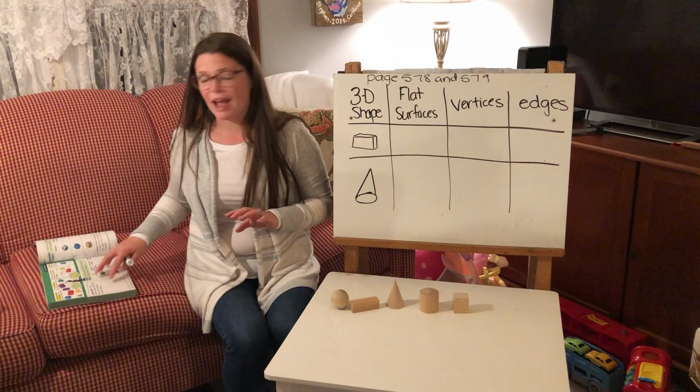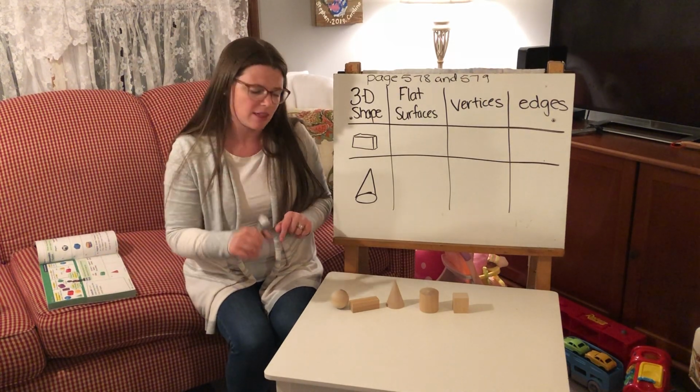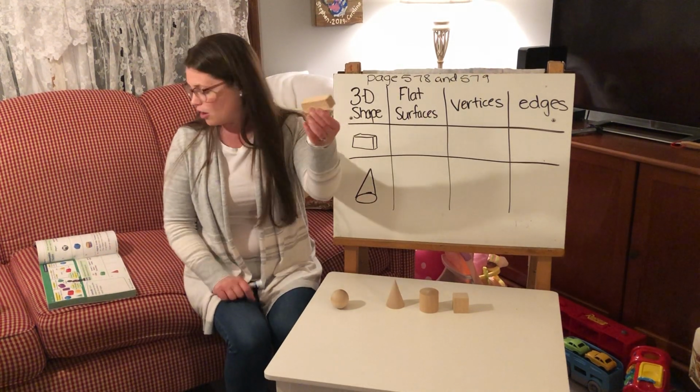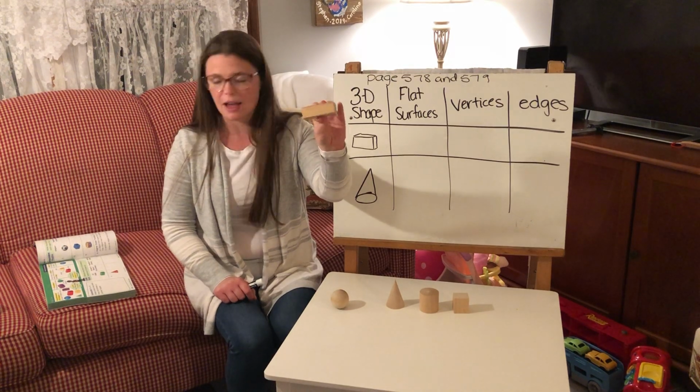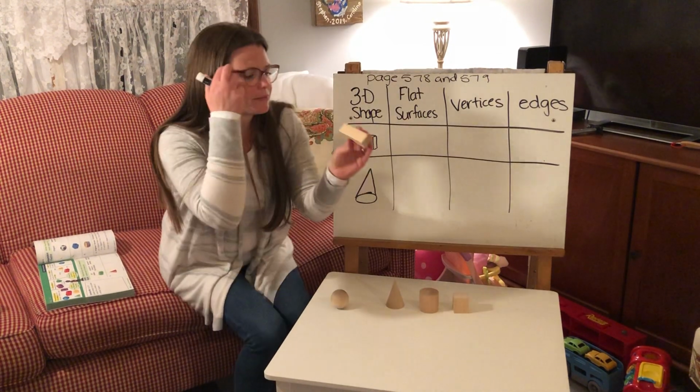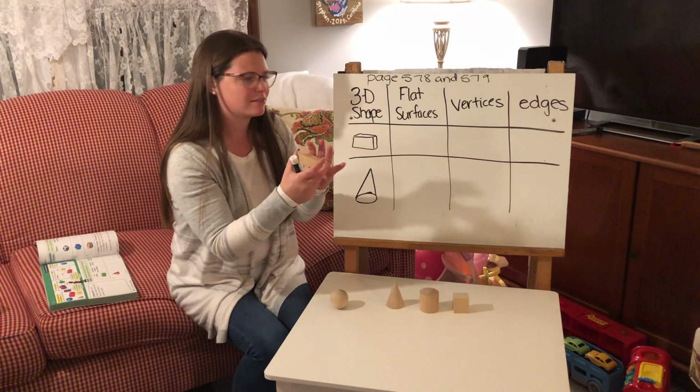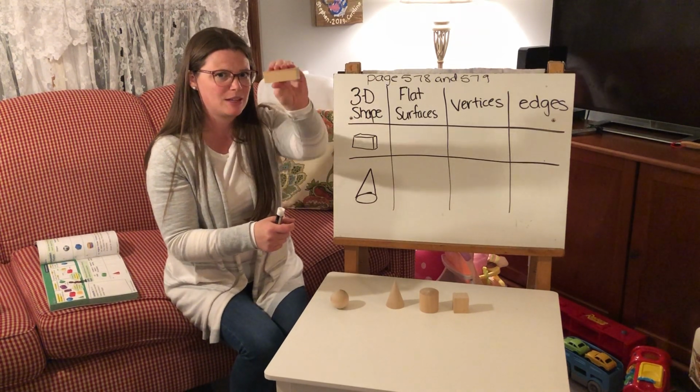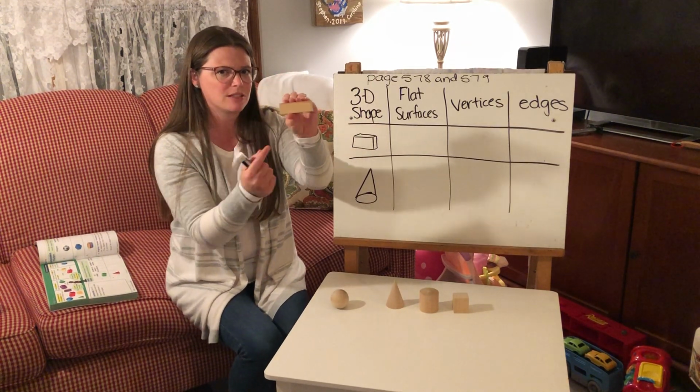First, they actually have this one filled out, but we're going to do it together anyway. This is called a rectangular prism. I wanted to make sure that they want you guys knowing the names, and they do. So this is a rectangular prism.